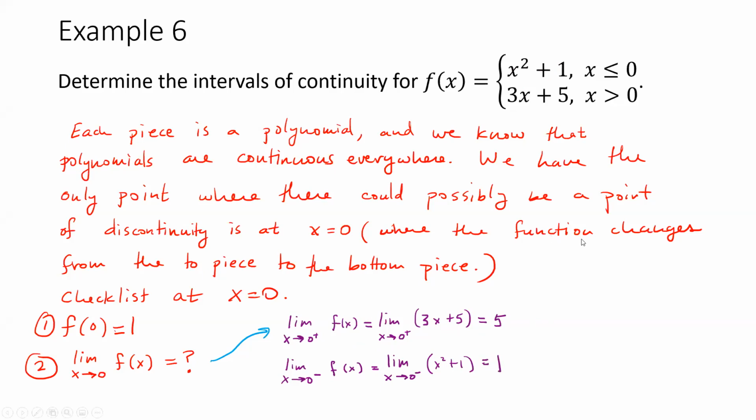So what does that tell us here? That there's a jump discontinuity. In other words, it's approaching one thing from the left and a different thing from the right. So the limit as x approaches 0 does not exist. We have a jump discontinuity at x equals 0.